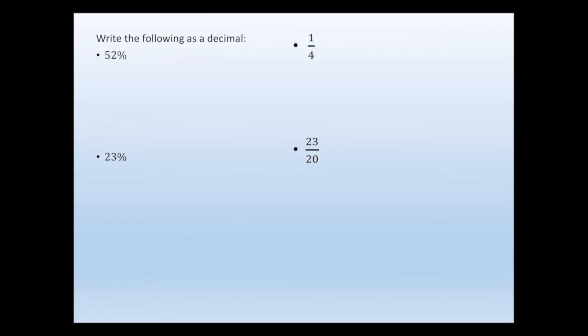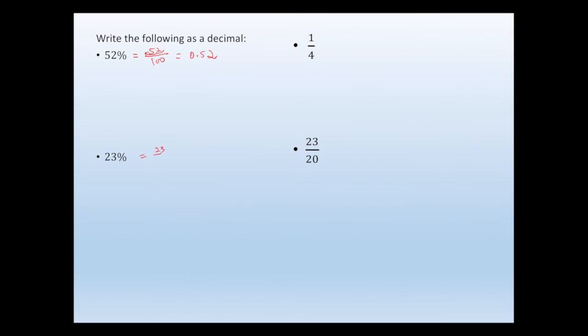So you should be able to convert fractions to percentages and decimals to percentages. What about converting from percentage back to decimal? So 52% is actually 52 over 100, and you know that we can move the decimal from here to the front, therefore it is 0.52.